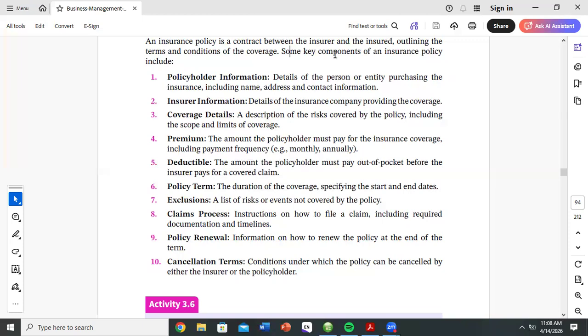So most of the child policies are initiated by the parents. So when the child attains 18, then they can transfer to the child. Okay, so maybe now you currently cannot go to an insurance company to have that contract, but your parents can do it for you in your name, right?